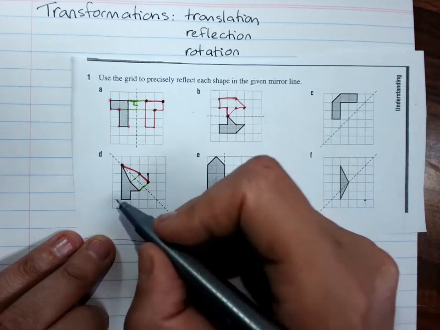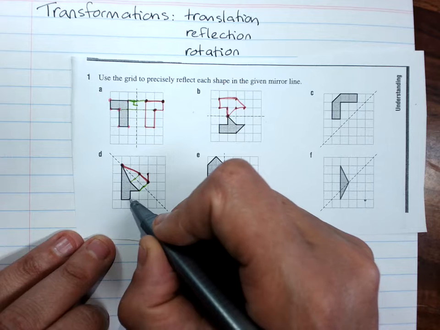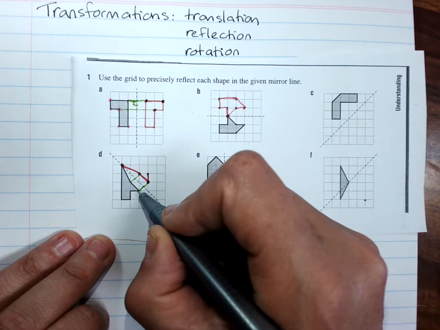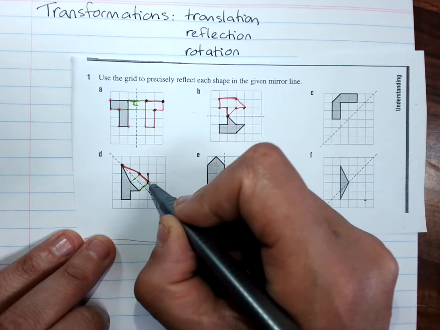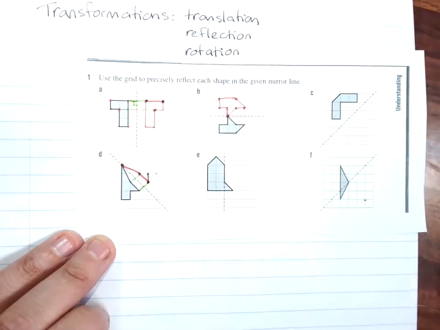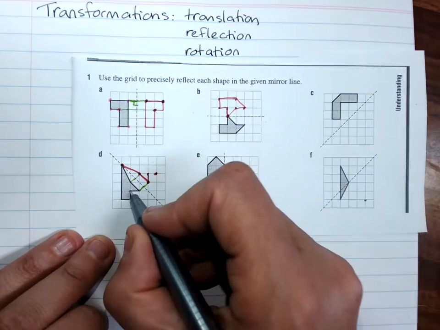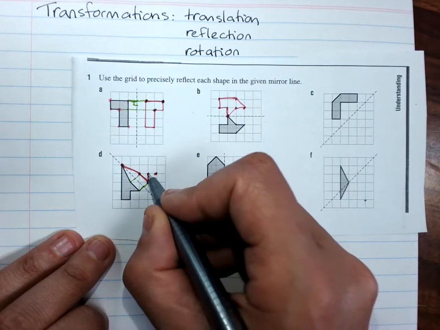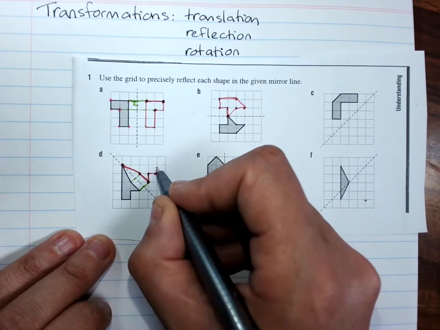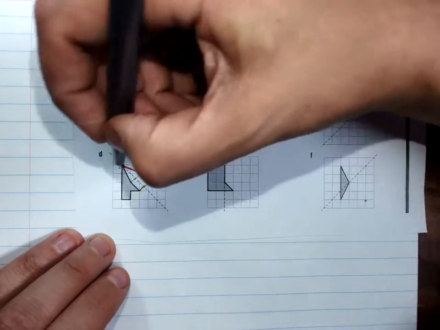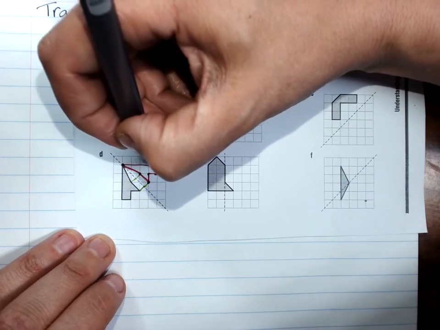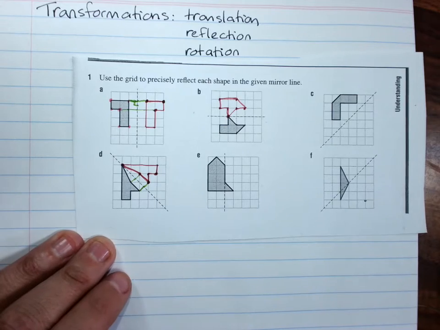So just being careful with your reasoning. This one here, a full diagonal square and half of one and a full diagonal square. This point goes straight to that one, this point goes straight to that one. And then we might be at the stage where we can confidently draw the reflected shape.